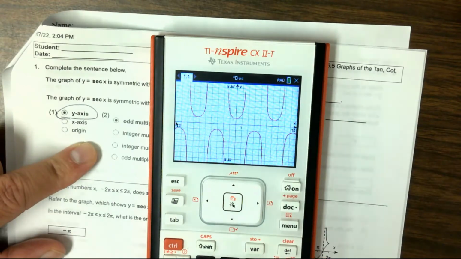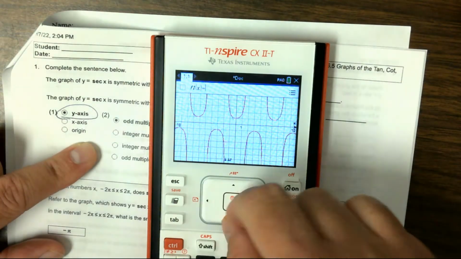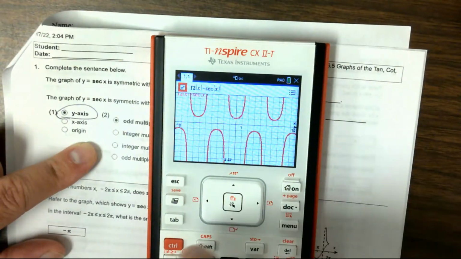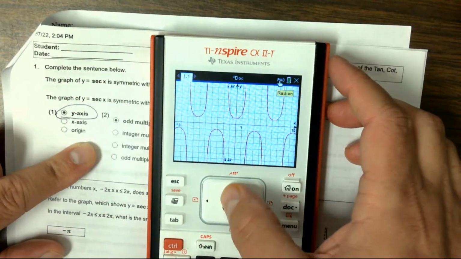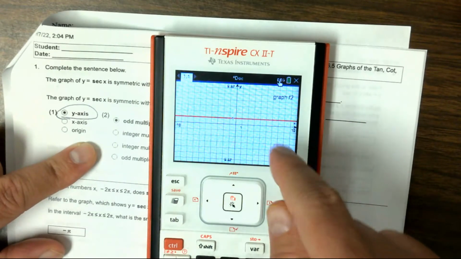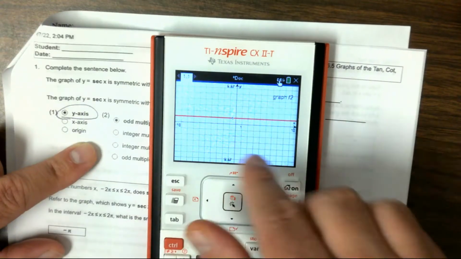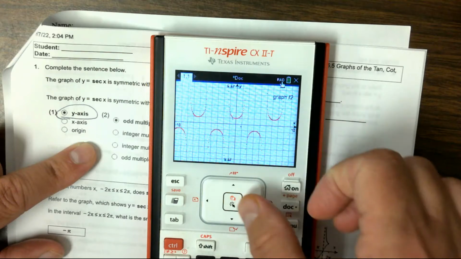Okay, there's the red ones, which are the secants. And if I just all of a sudden switch this to degrees, it looks like a flat line, and that's not right. You have to be smarter than your calculator. It's not giving you an error message, so you just have to know to be in radian mode.